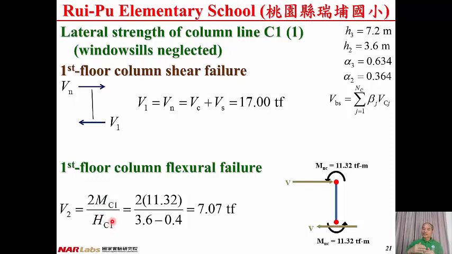HC1 is the clear height of the column. It is 2 times 11.32, and the height of the floor is 3.6, minus the depth of the beam. Therefore, the clear height of the column is equal to 3.6 minus 0.4, and the lateral strength under this failure mode is equal to 7.07 ton-force.